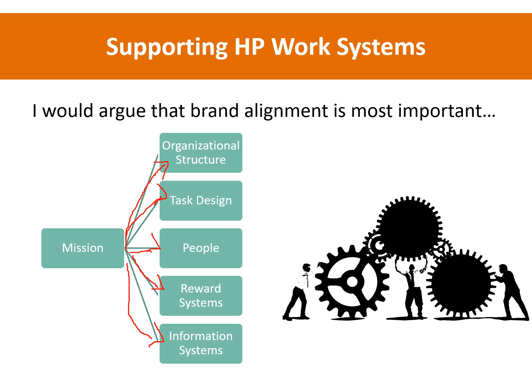Well, it's really tough to align these if you don't have HR policies, practices, and programs that are congruent with your brand. In other words, we need to have brand alignment. Okay, so from that perspective, you might argue that human resource managers and their contributions to brand alignment are the most important component to supporting a high performance work system.